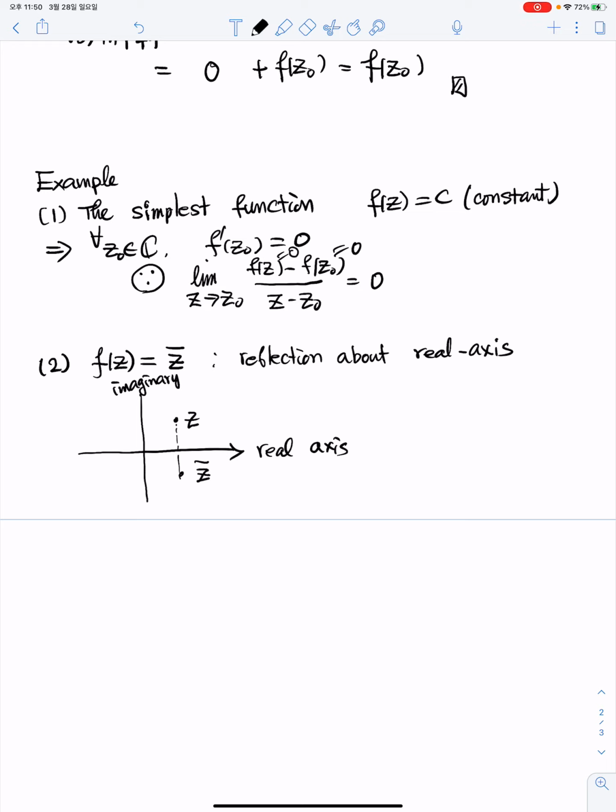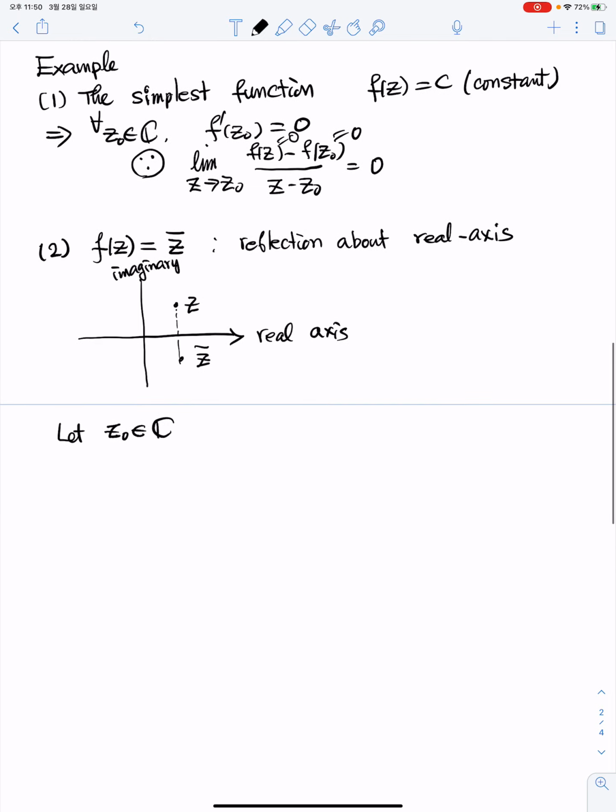So let us check. Let's suppose I take z0 in the complex plane. So I want to check whether f is differentiable at z0.